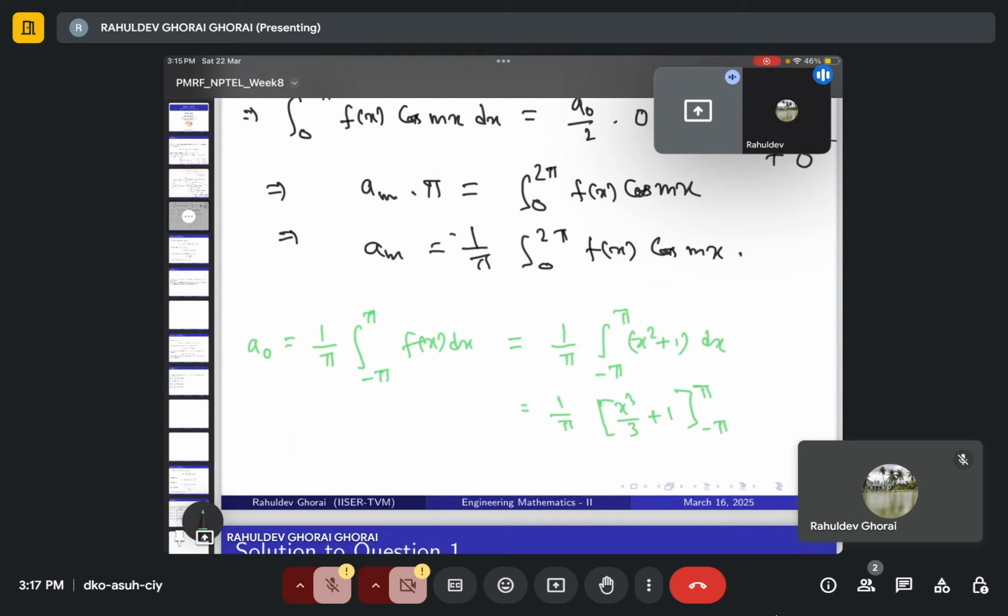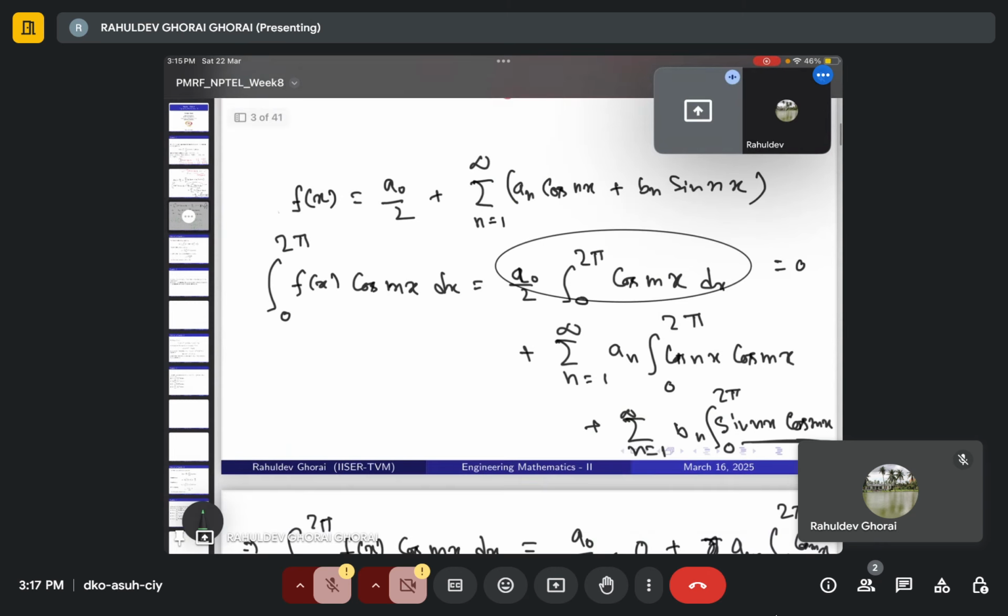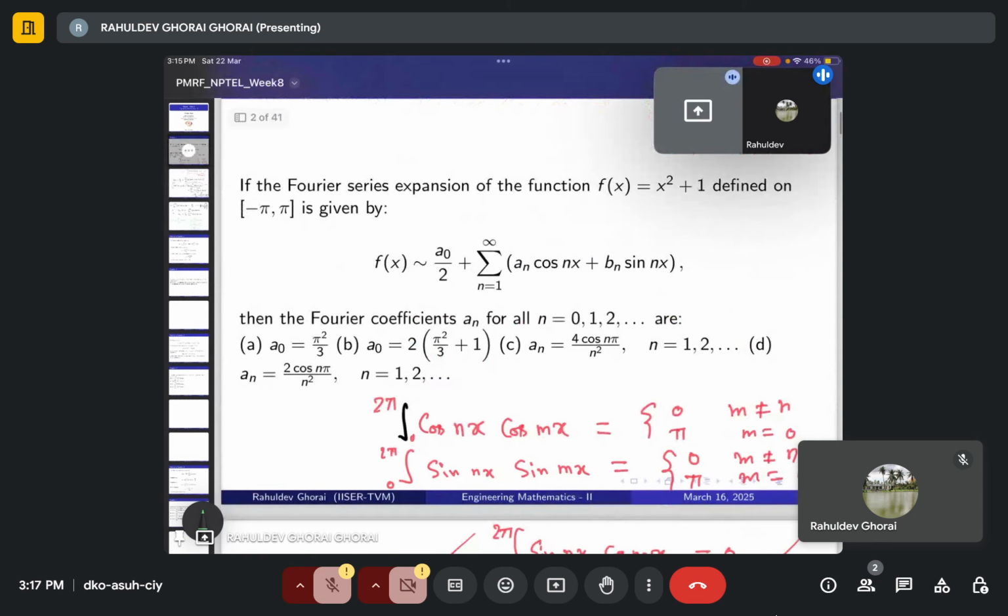So what do we get? It will be 2 times pi square over 3 plus 1. Pi square over 3 plus 1, b is correct.